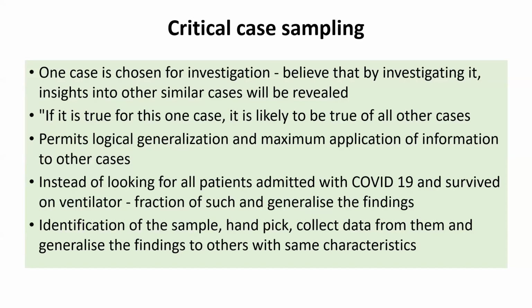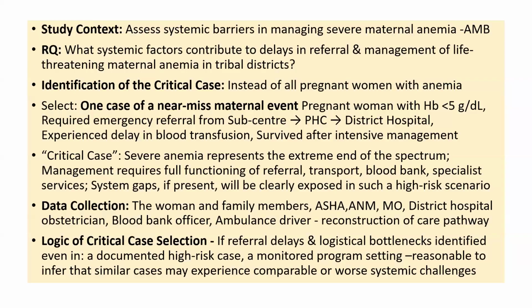So you have to handpick the individuals in your sample in such a fashion that you have a gut feeling that what I find for these few cases is going to hold true for all others who could have a similar picture. I'll again give an example of critical case sampling.